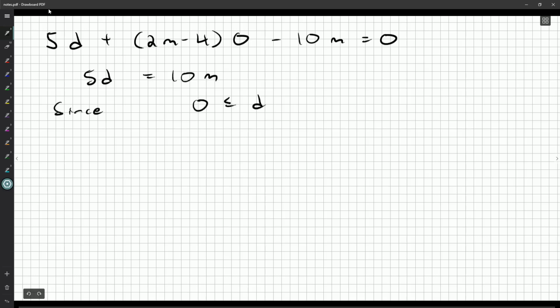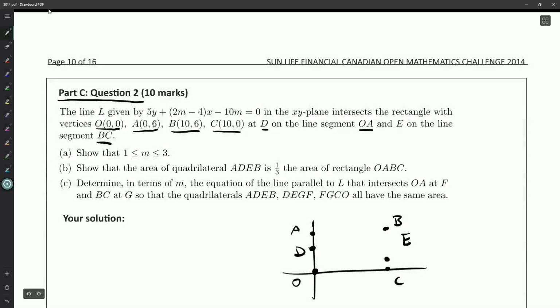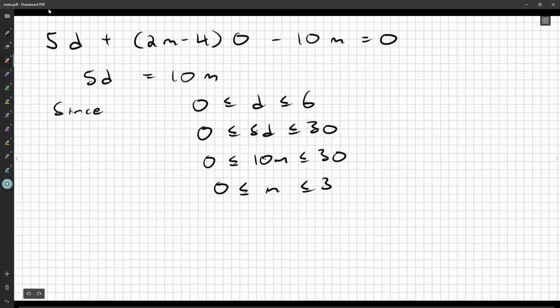And since d is between 0 and 6, then 5d is between 0 and 30. So 10m is between 0 and 30, and so m is between 0 and 3. Now, I think we wanted m between 1 and 3. Alright, so I've got part of this expression. Great. So now if we plug in e, we should get the rest of this.